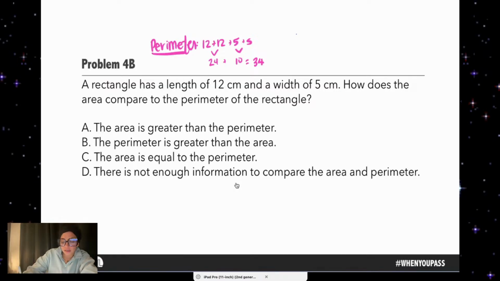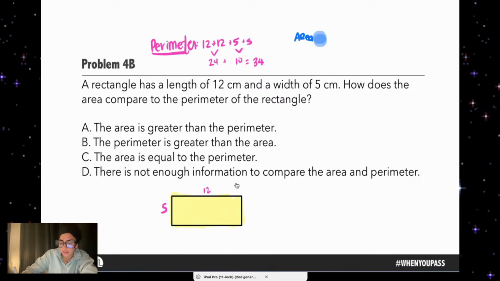Now I'm going to find my area. Let's redraw our rectangle again. And labeling both sides 12 and 5. Area is going to be the square measurement inside.